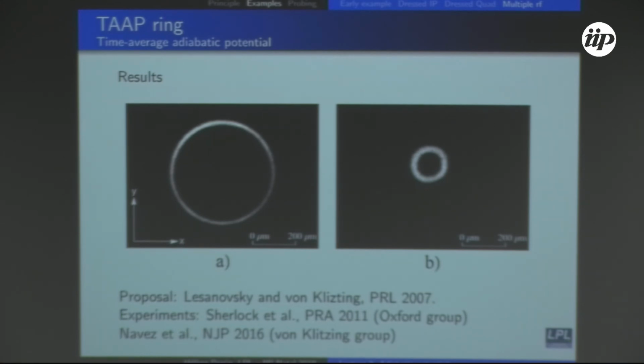But okay, it was not the topic of my lecture. We have done a recent experiment where we rotate the atoms directly in the bubble very fast, and the atoms form a nice ring, and they are cold enough to be superfluid and supersonic. But they are not trapped, they are just in the bubble.